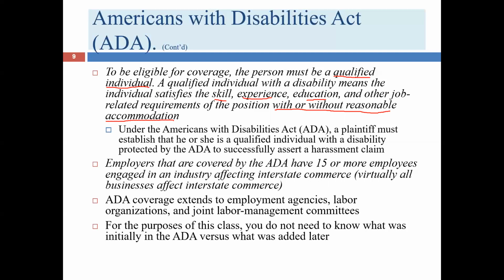One thing that I did not mention earlier when I was talking about the 15 or more employees is that in addition to having 15 or more employees, it is necessary that the employer be engaged in industry affecting interstate commerce. Now, I flag this because that is, in fact, the statute, but that's virtually always going to be satisfied. Because let's say that I happen to have a factory, and all of my supplies come from other Texas warehouses.